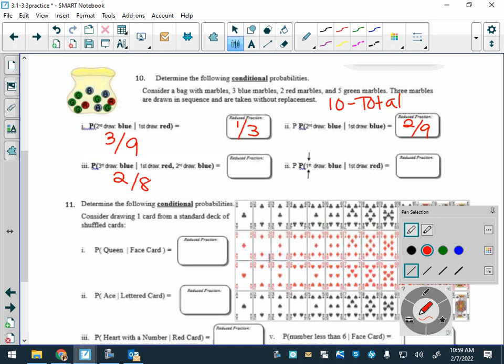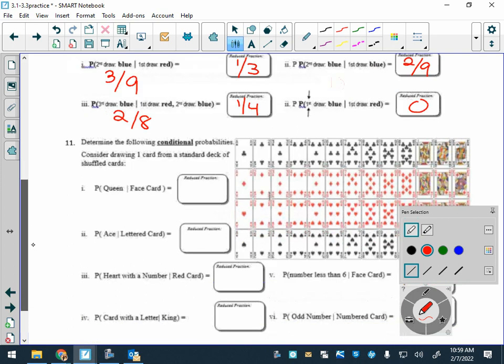It's 2/8, which is 1/4. Okay, then the last one is first draw blue given the first draw red. Josh? Perfect. Excellent. Good explanation too. Good job. Okay. Any questions on that one?